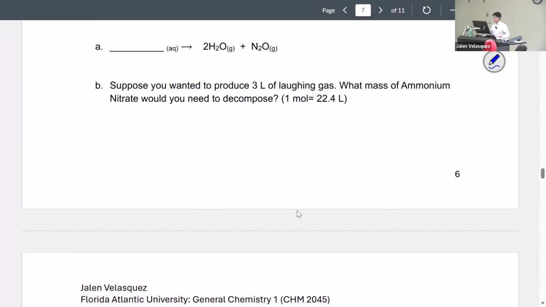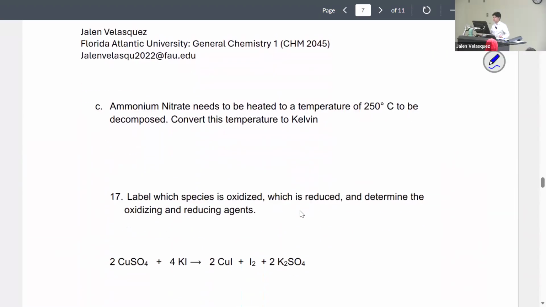That was part B. Part C says in order to decompose ammonium nitrate, you have to heat it up to a temperature of 250 Celsius. What is this temperature in Kelvin?